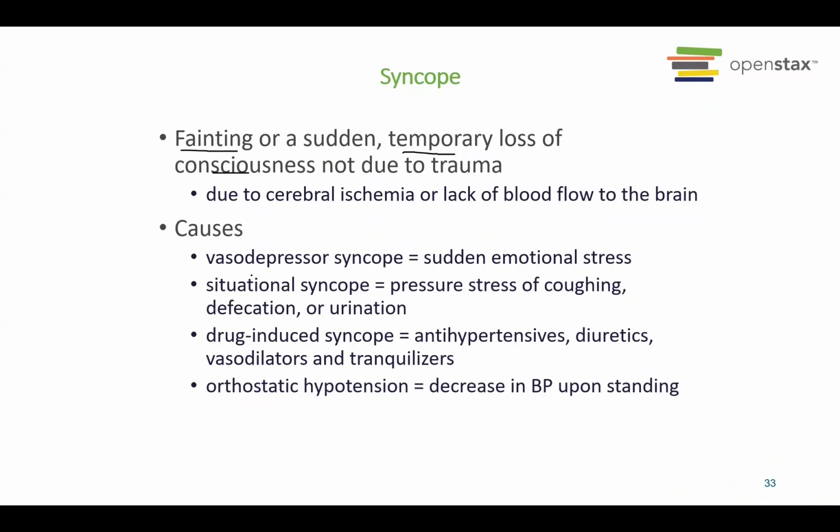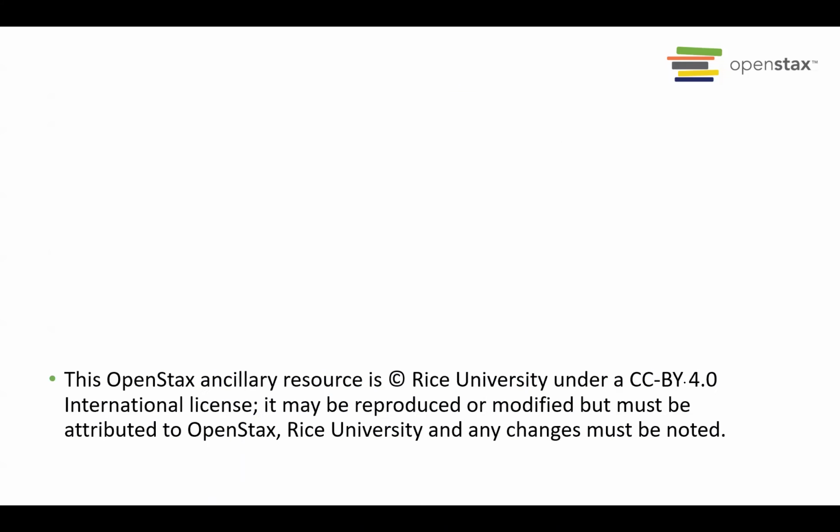There are some causes like vasodepressor syncope, sudden emotional stress, pressure stress of coughing, diuretics, and also a decrease in blood pressure when we are standing up from laying down, for example. Sometimes we feel a loss of consciousness. Some people may fall down. Some people may be able to grab something to protect them from falling down.